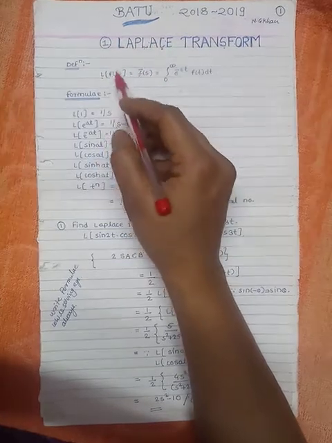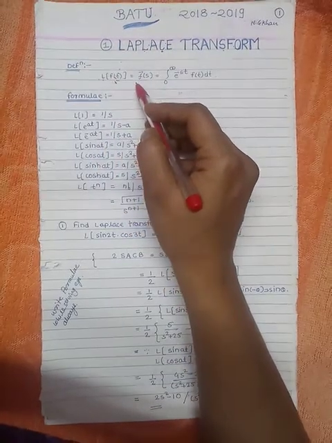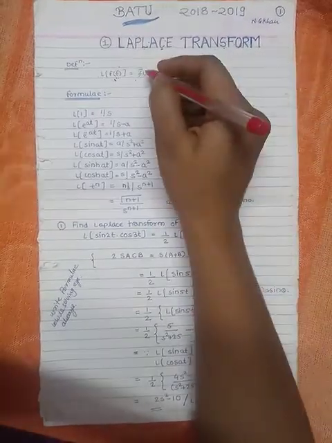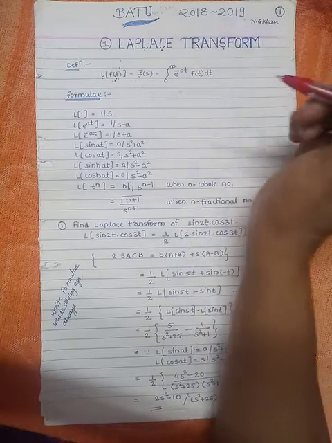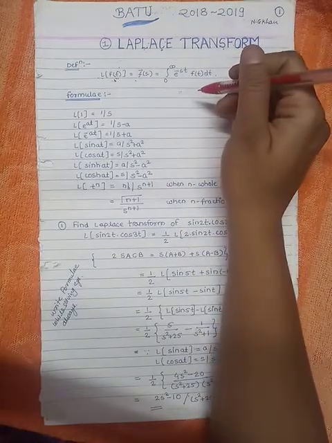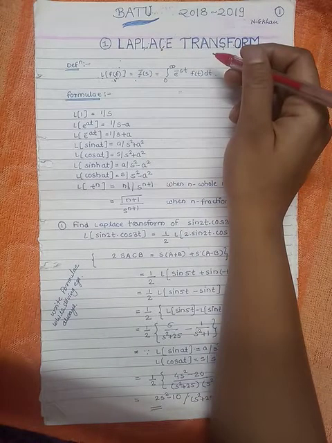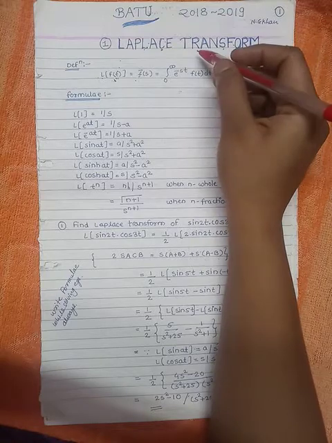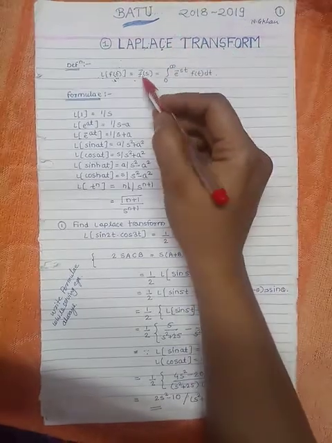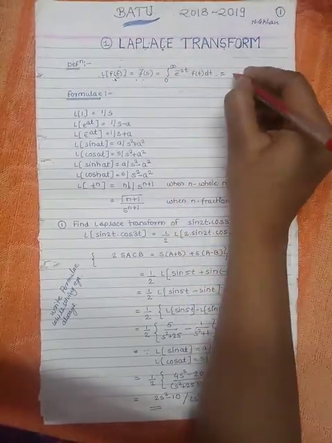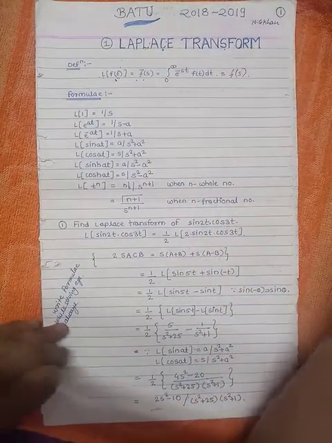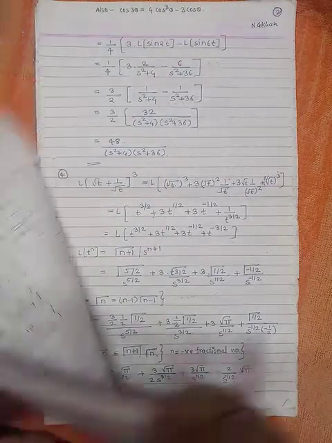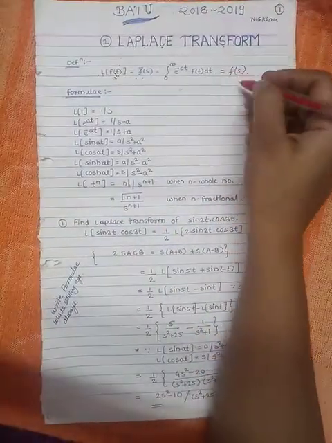So Laplace transform of function f(t) is equal to, in many books the notations are different for Laplace transform. Some books mention that the Laplace transform is denoted by F(s), and in some books the notation is F bar(s). So you can use any notation.